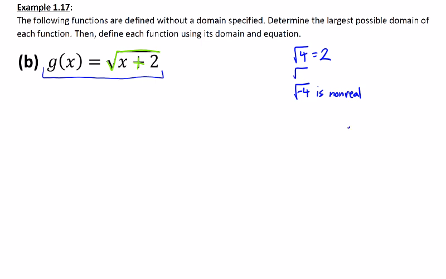Now, in between positive 4 and negative 4 would be 0. And the square root of 0 is going to be 0. So what this is telling me is that from a number line perspective, if I start at 0 and take anything that's greater than 0, that is going to be okay.